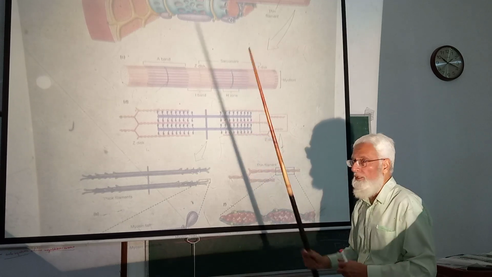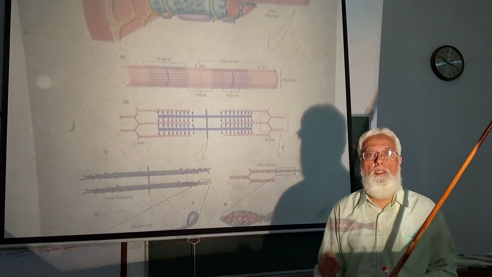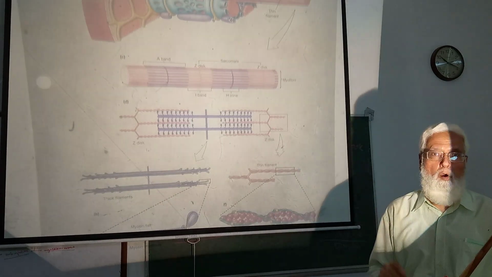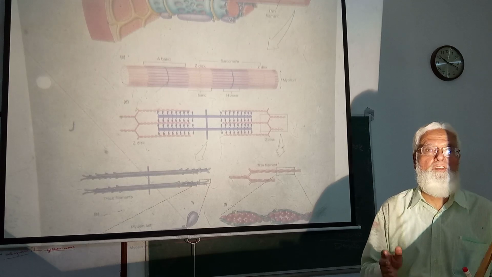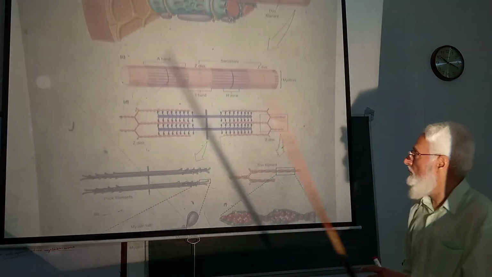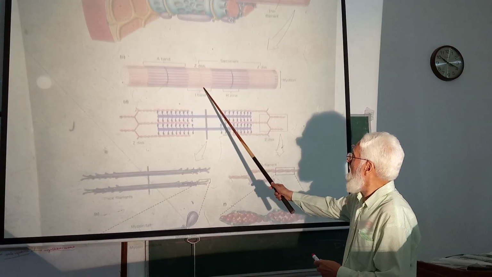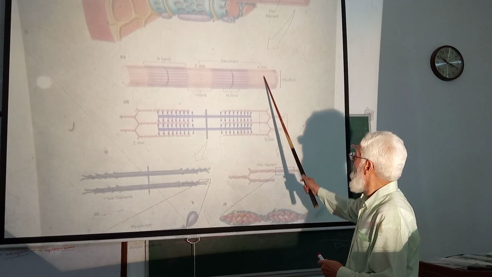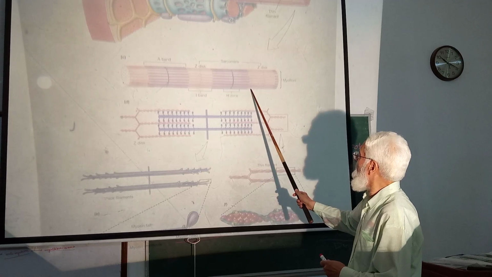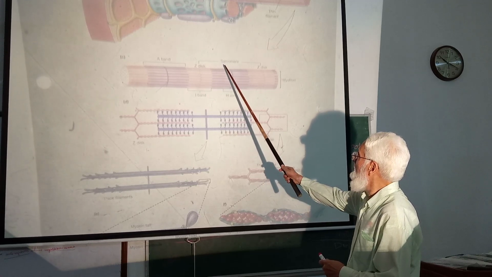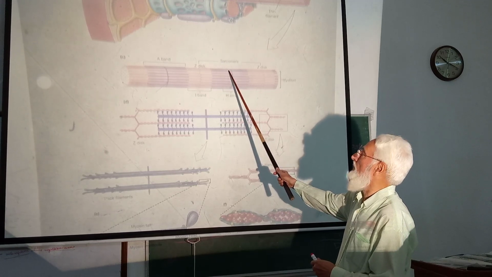So the sarcomere is the portion of the myofibril between two successive Z discs.